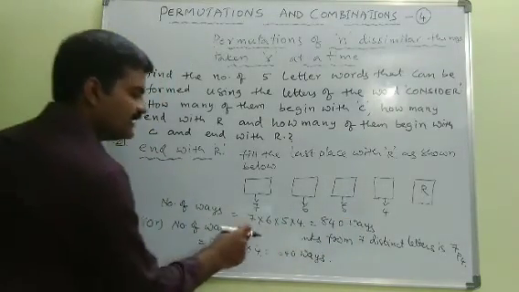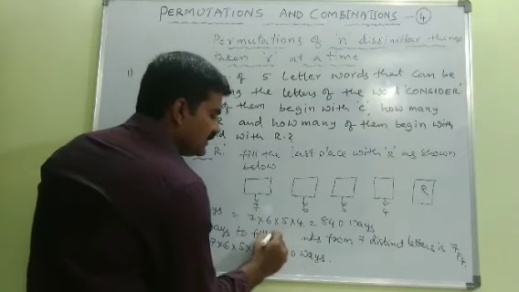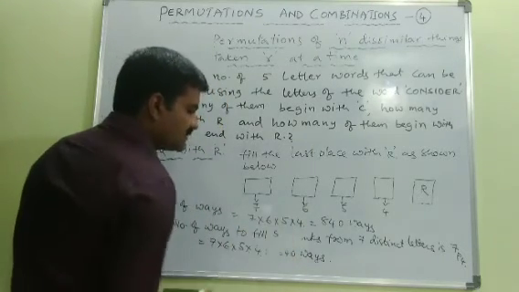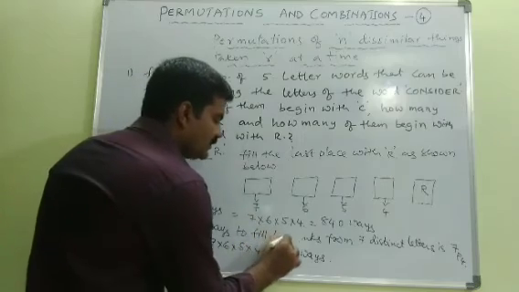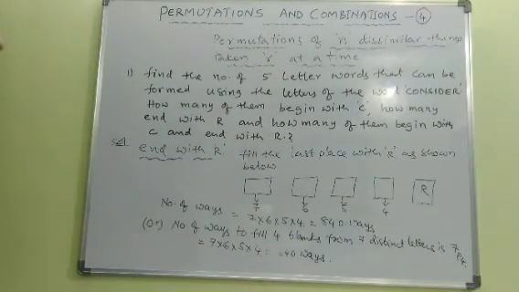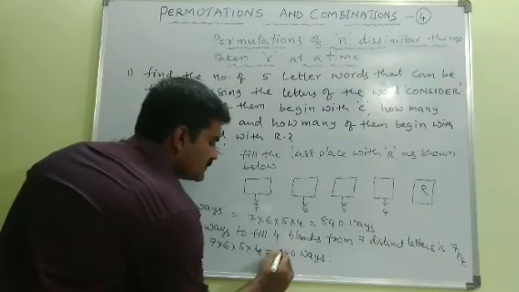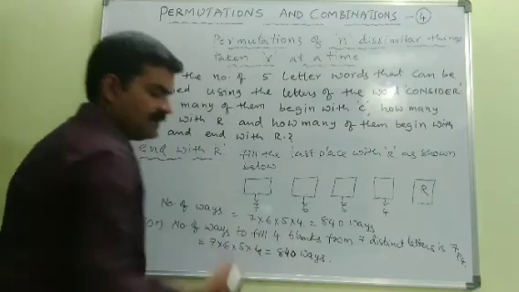Therefore, the number of ways to fill 4 blanks from 7 distinct letters is 7P4, which equals 840.